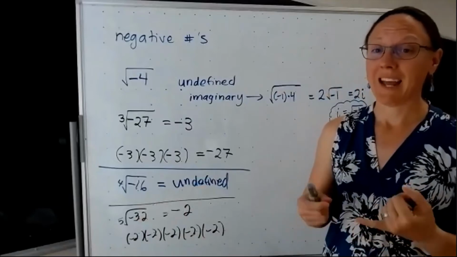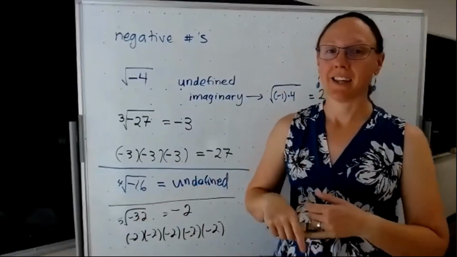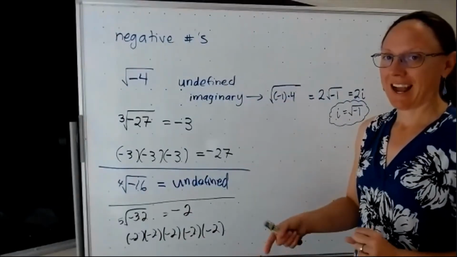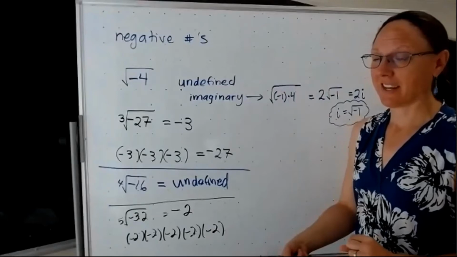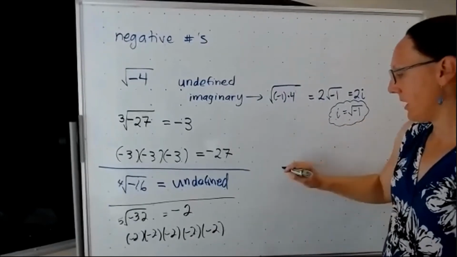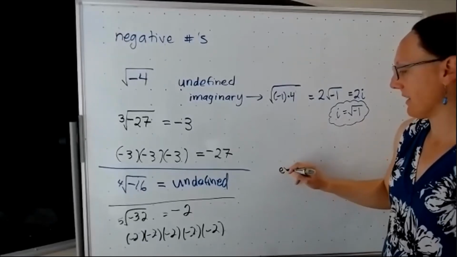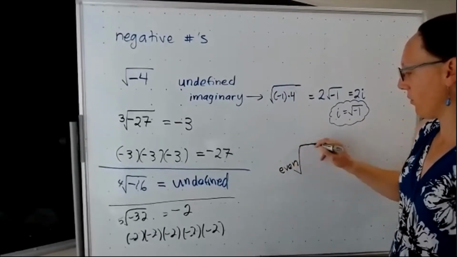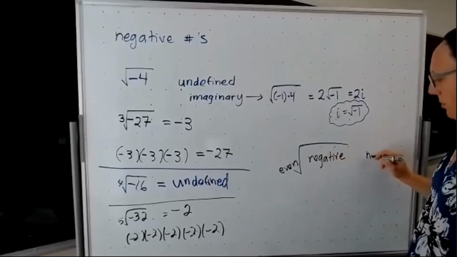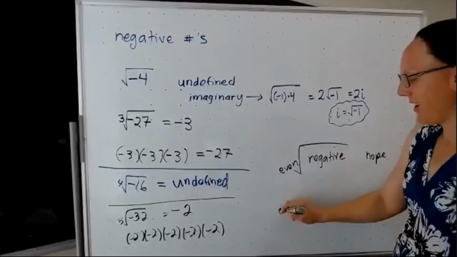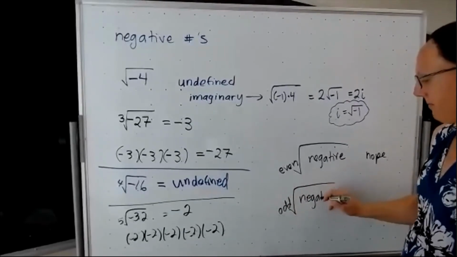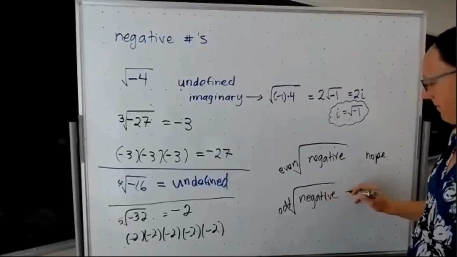So to recap, I can take an odd root of a negative number. I cannot take the even root of a negative number. So I'm just going to summarize that as even root of a negative? Nope. Odd root of a negative? Yes.